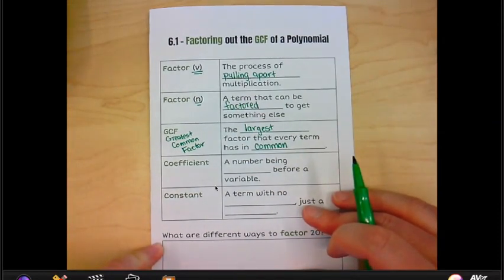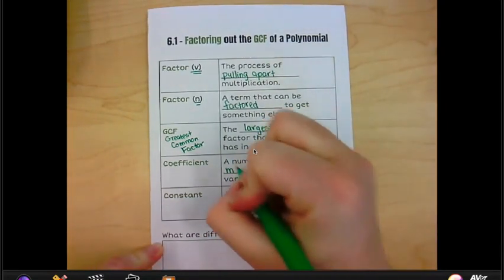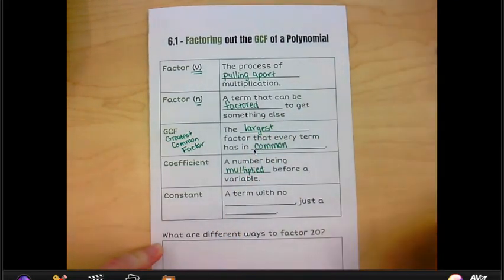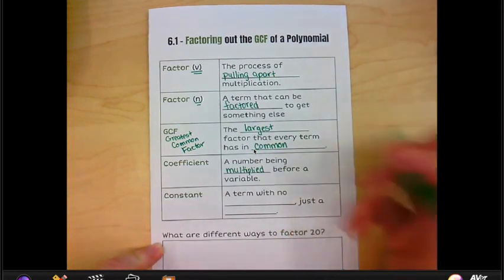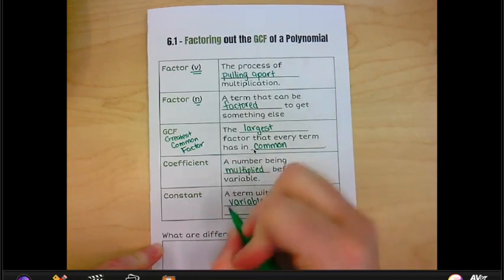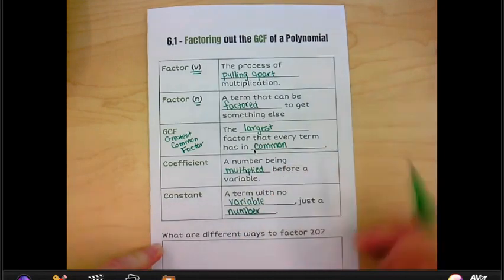And then a coefficient is a number being multiplied before a variable. And a constant is a term with no variable. It is just a number, so it doesn't change because it has no variable.